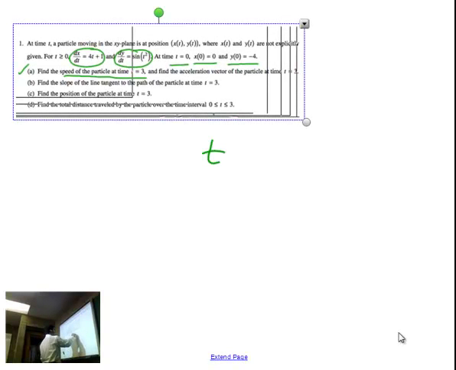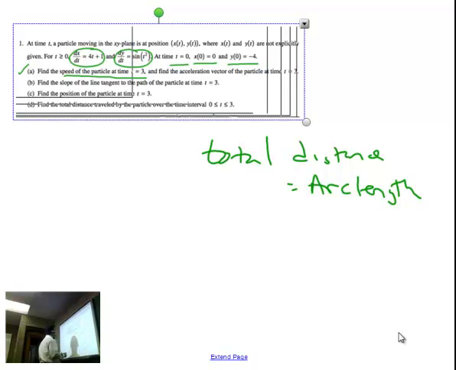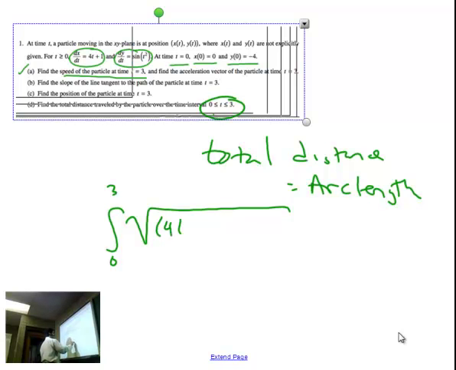So we want to find the arc length from 0 to 3. That's the integral from 0 to 3 of the square root of dx dt squared, 4t plus 1 squared, plus dy dt squared, sine of t squared squared, dt.